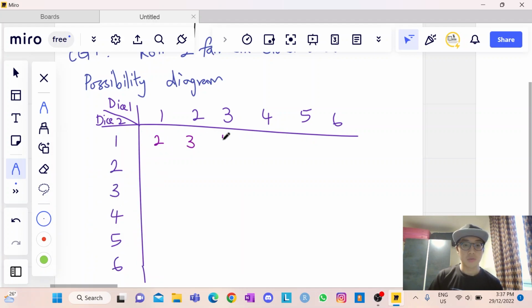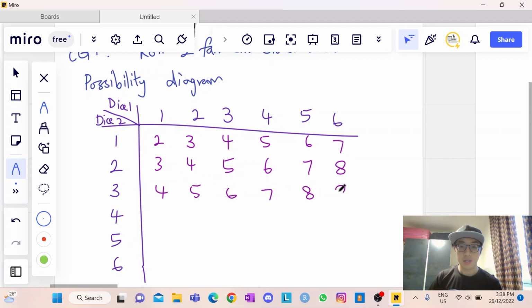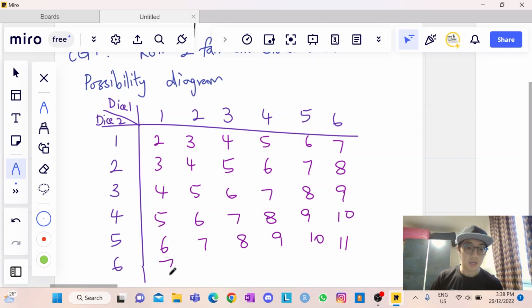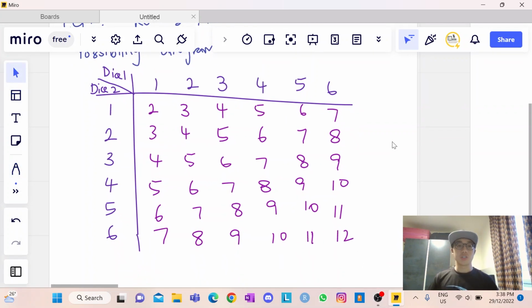I'm just going to do it real quick and list down every single summation according to the numbers here. 4 5 6 7 8 9, and then 5 6 7 8 9 10, 6 7 8 9 10 11, and lastly 7 8 9 10 11 12. These are all the possible combinations from two dice.